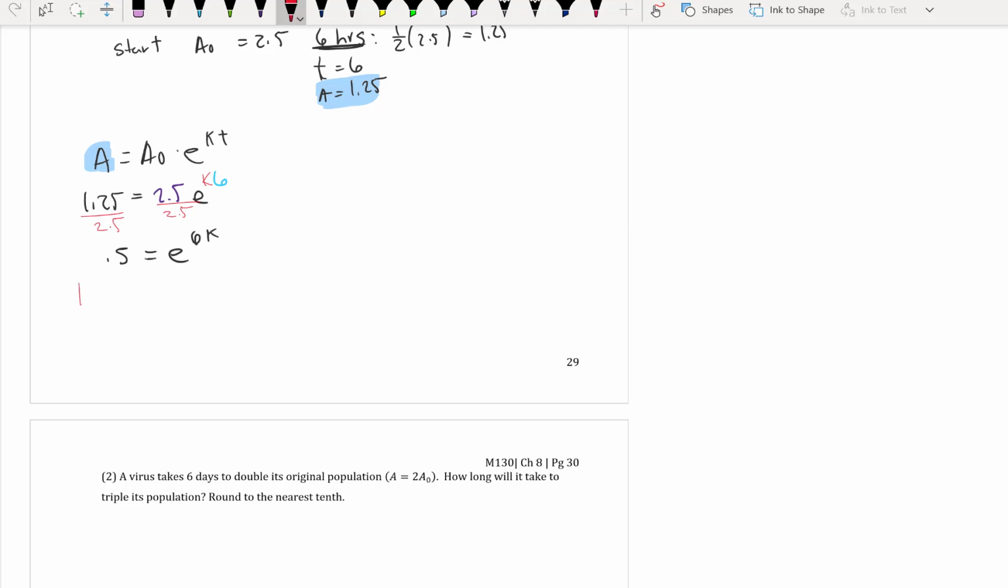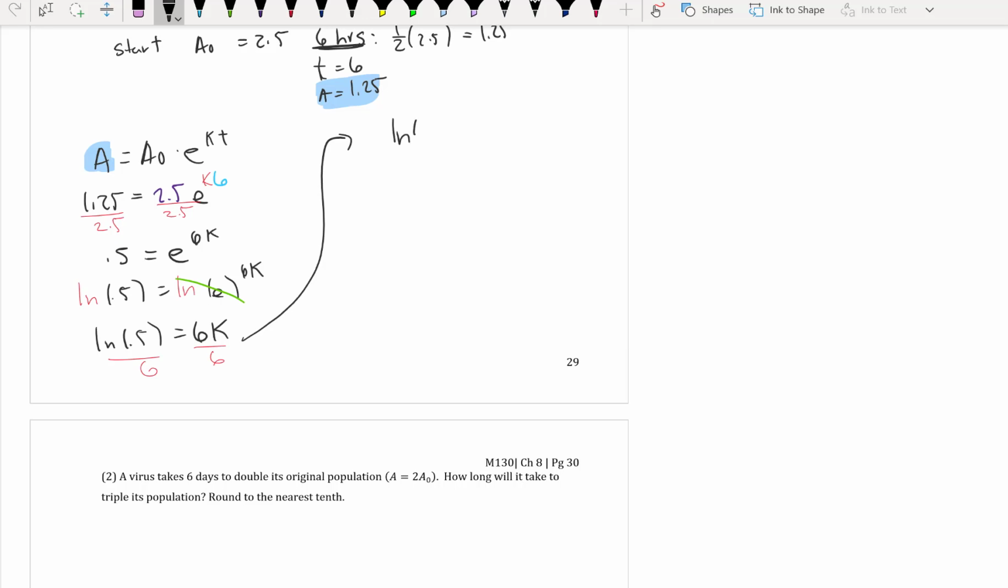Now I take the natural log of both sides, so that ln and e cancel out. So you're left with the natural log of 0.5 is equal to 6k. So I'm going to divide by 6 on each side, so I get that the natural log of 0.5 divided by 6 is equal to my k value.